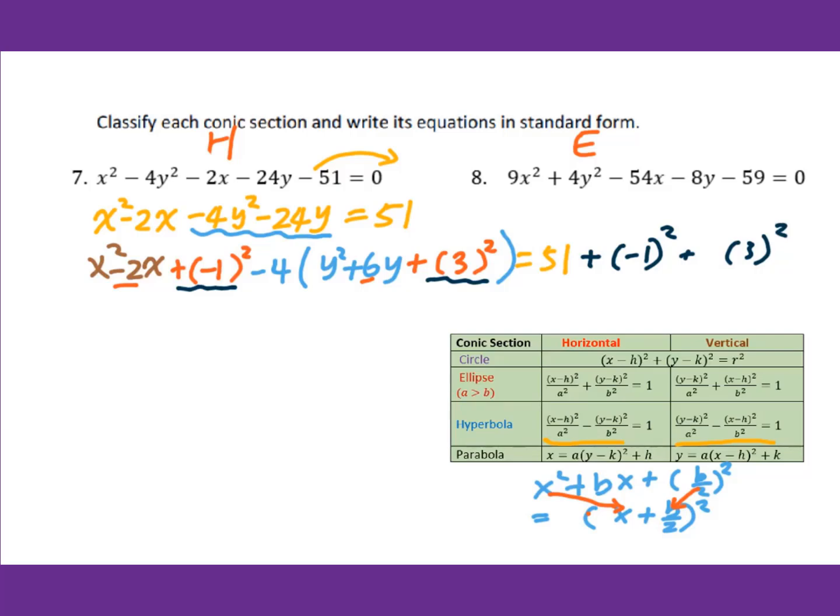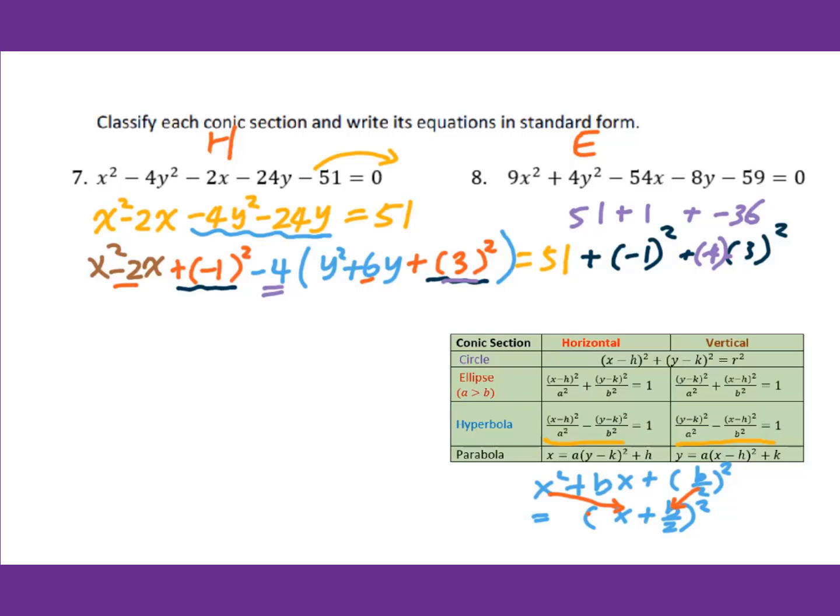But you do have negative 4 as a factor before this 3 squared. So don't forget you add negative 4 times 3 squared. Work this out: 51 plus 1, then plus 3 squared is 9 times negative 4, which is negative 36.